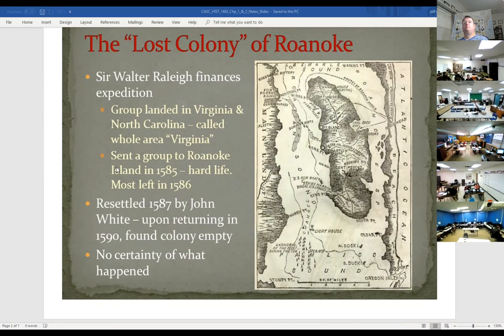So after Virginia was born, the granddaughter, John White journeyed back to England to get supplies and things like that.